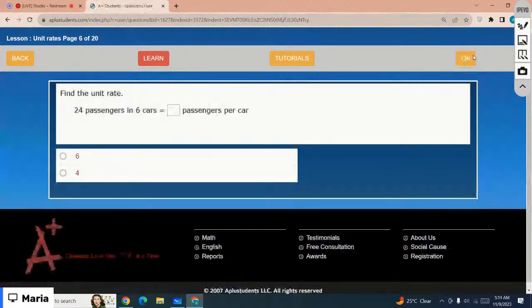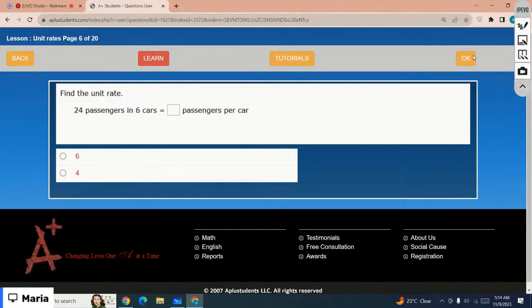Find the unit rate. 24 passengers in 6 cars. So which is the correct option? So you have to calculate the passengers per car, right?